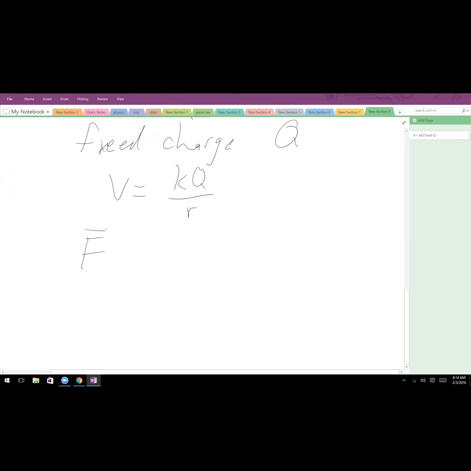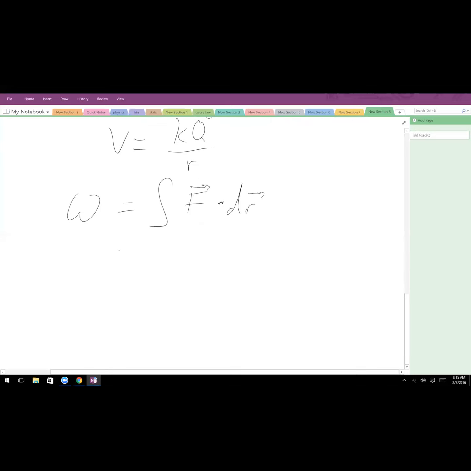Before we had work was the integral of F dot dr, which all that means for us, since we're not doing calculus, is force times distance times cosine theta if the force is constant.